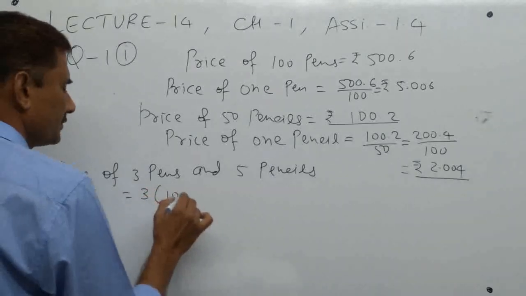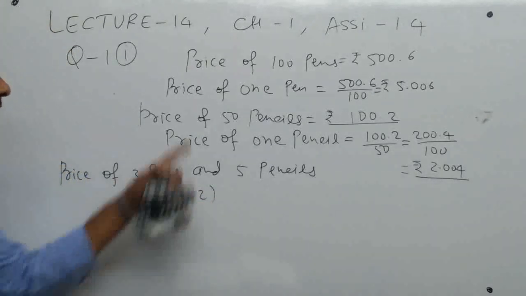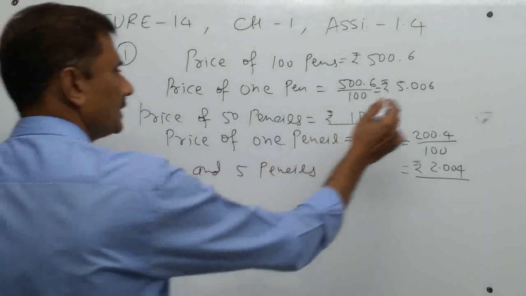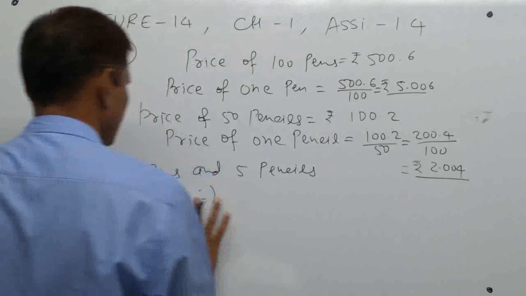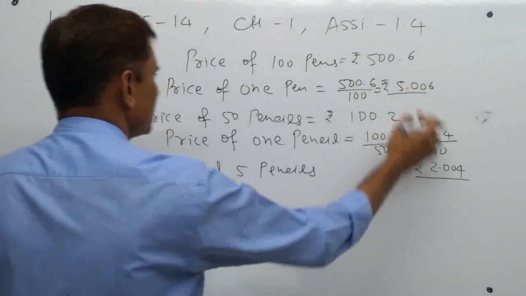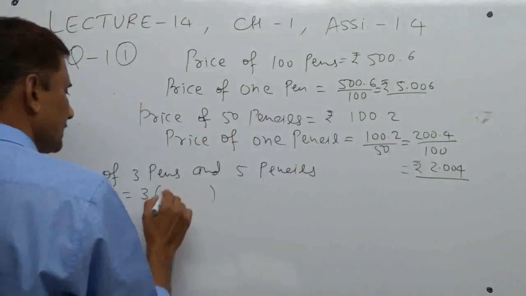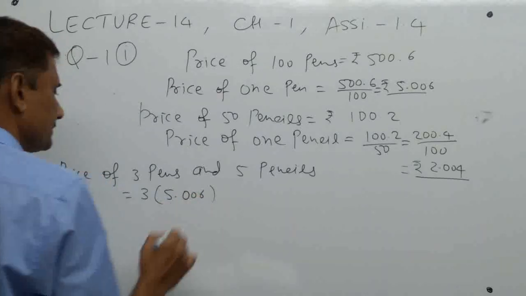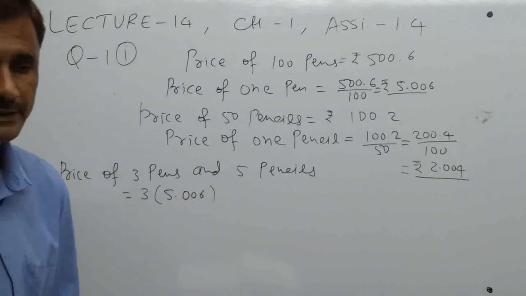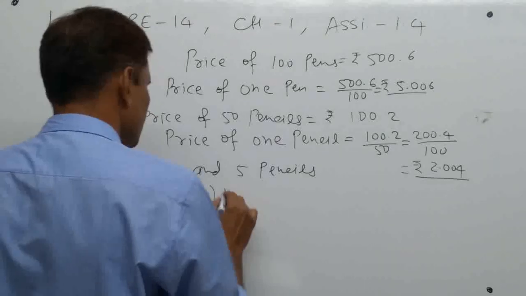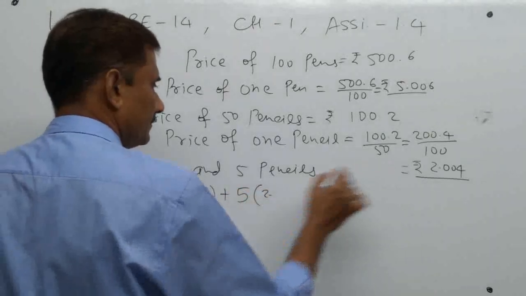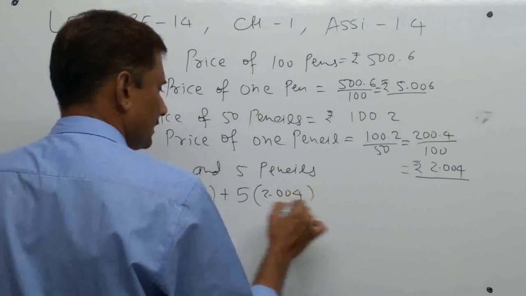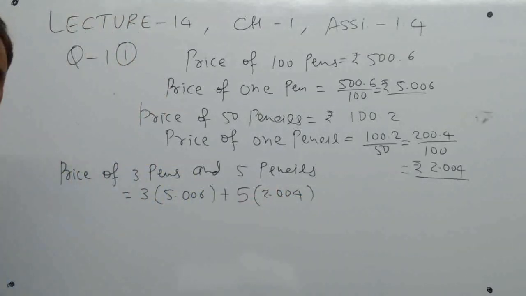This is for one pen and this is for one pencil. So I multiply 5.006 by 3, why? Not 1 but 3 pens. In the same way for 5 pencils, one pencil's price I already have, I multiply it by 5, and then add them.